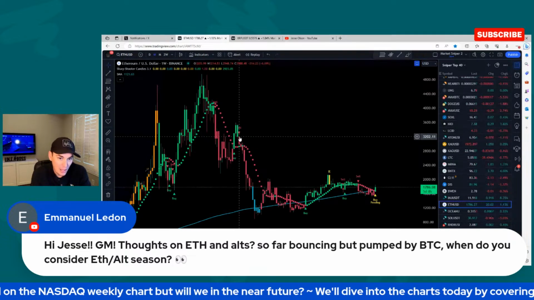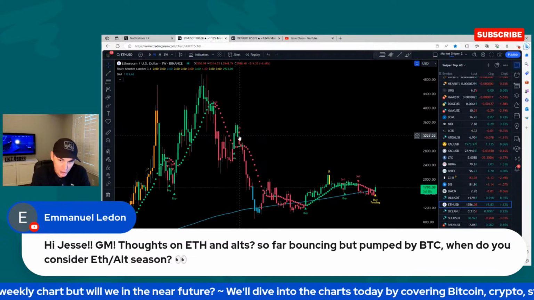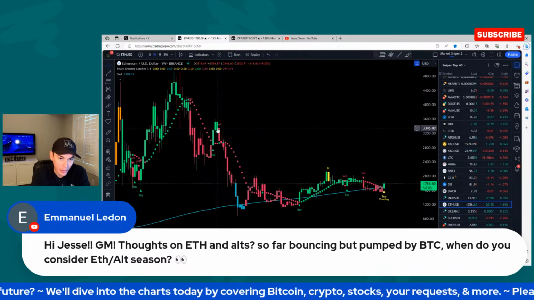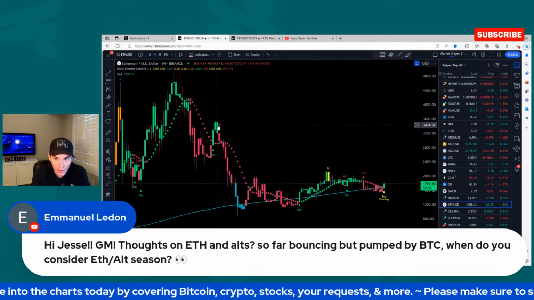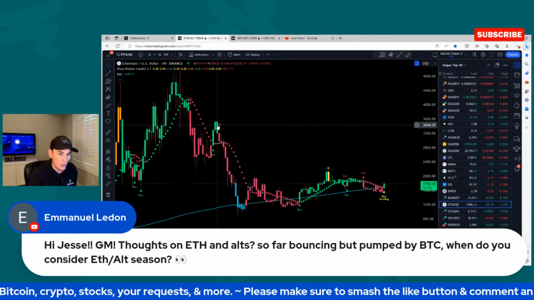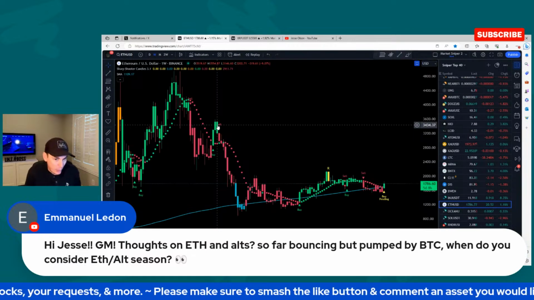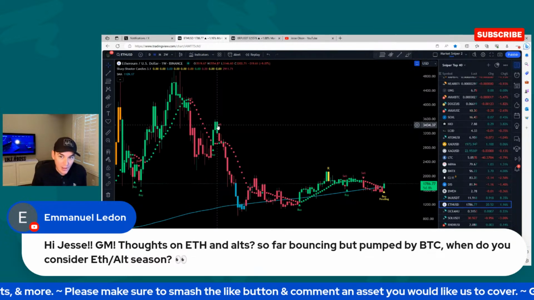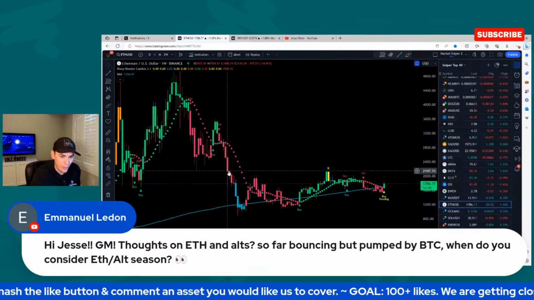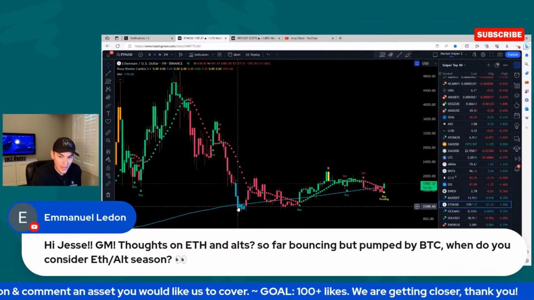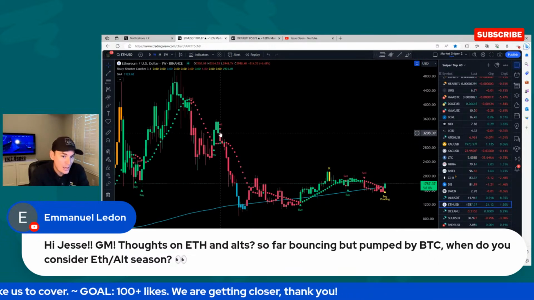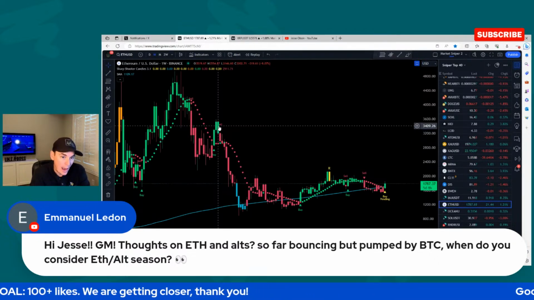I was a lot more confident shorting Ethereum with 10x leverage at 3408, when we were covering it in the Discord and it looked like it was putting in a lower high. I got in at $3,408 and was calling out for Ethereum to go below $1,000. And in hindsight, it went below $1,000.